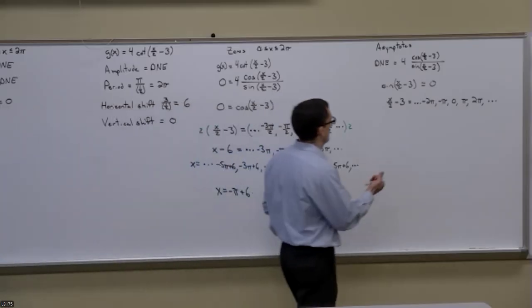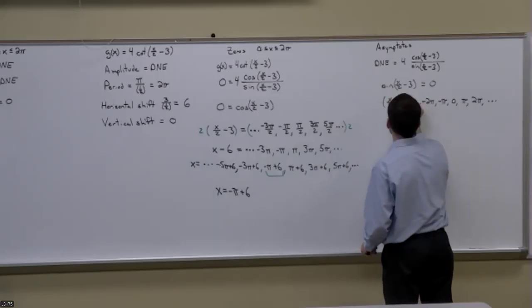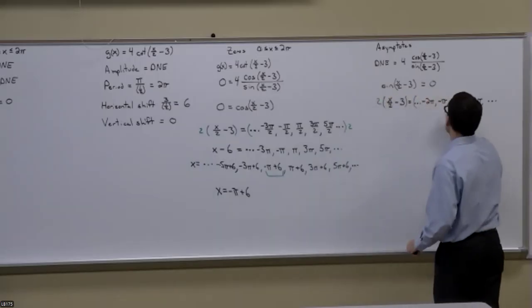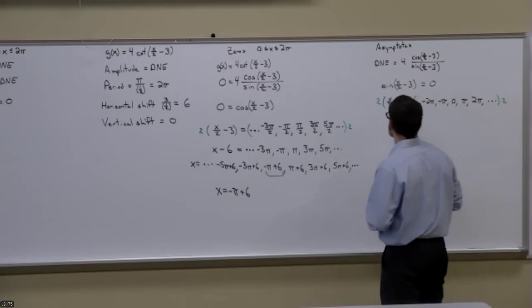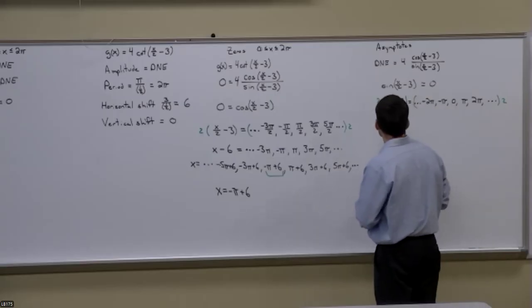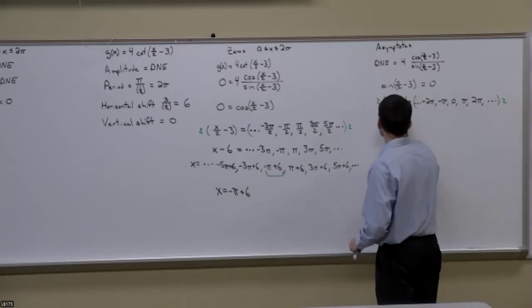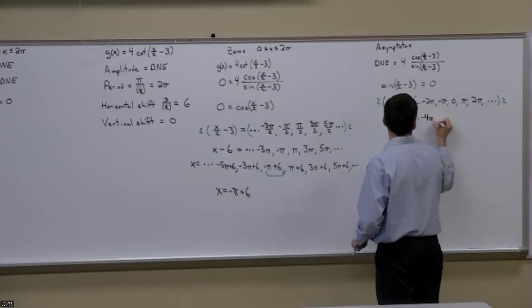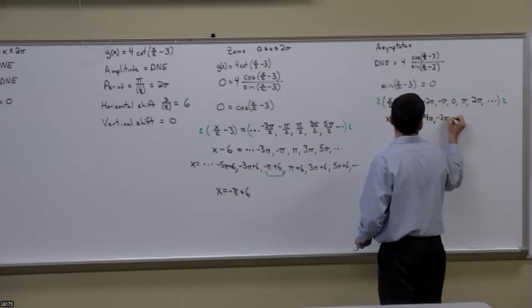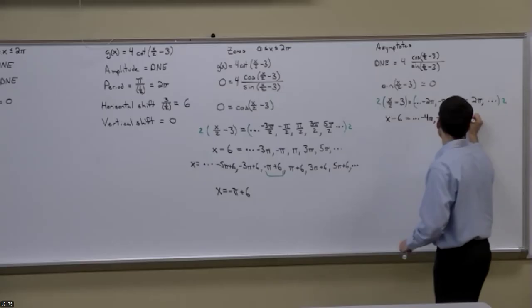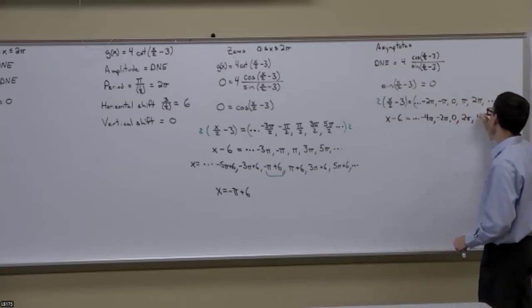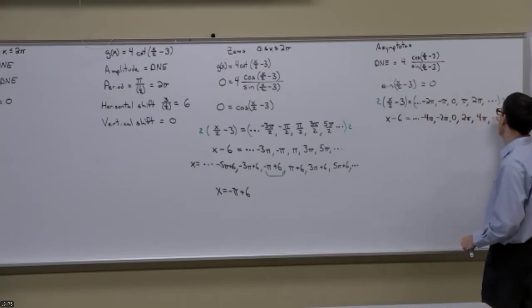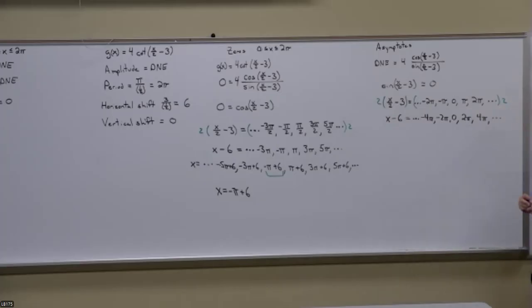So same solving, I'll probably multiply by 2 first, giving me x minus 6 is equal to negative 4 pi, negative 2 pi, 0, 2 pi, 4 pi. So even number times pi, and then add 6 to everything.